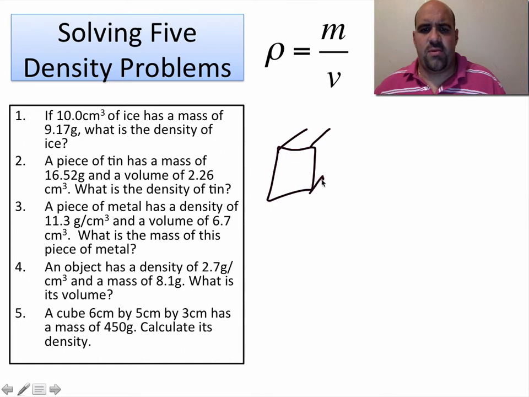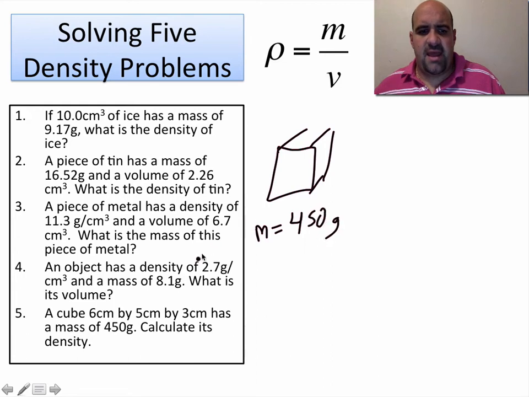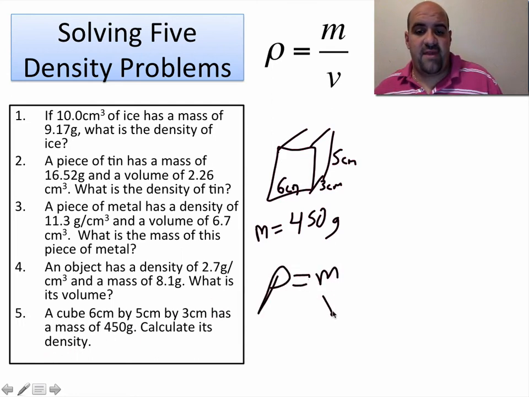So we have a cube. The cube has a mass equals 450 grams. And they tell us that it's 6 cm by 3 cm by 5 cm. So they ask us to calculate the density, and rho equals m over v. We are given a mass equals 450 grams.